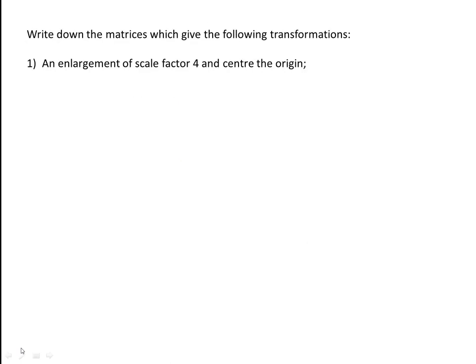So for example, if I want to find the matrix which gives me an enlargement of scale factor 4 and centre the origin, then the point 1, 0 will be mapped by this transformation to the point 4, 0.